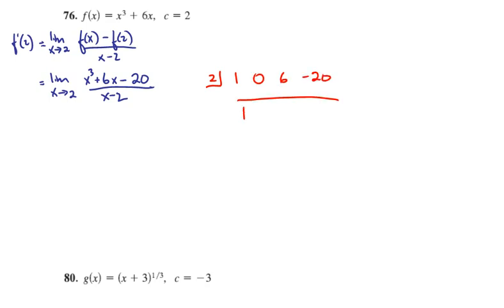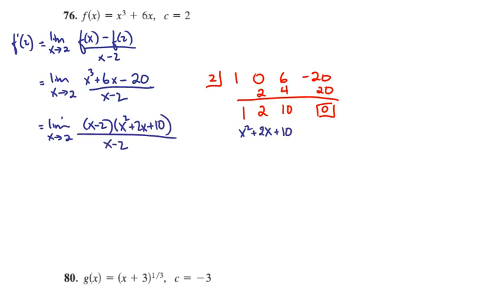Bring down the 1, times 2, add that to the 0, multiply by 2, 6 and 4 is 10, times 2 is 20, and we get a remainder of 0, which means that 2 is a root, and that leaves us with the limit as x approaches 2 of x minus 2 times x squared plus 2x plus 10.